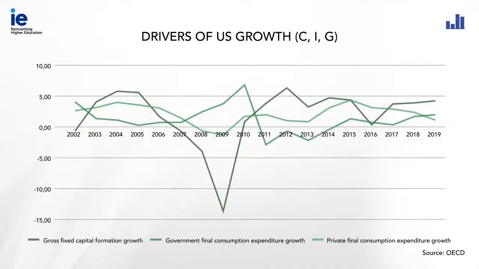Then you see the investment figure, which is gross fixed capital formation growth. And you can observe how volatile that one is. You can see that sometimes it goes up a lot and sometimes it has huge declines, as occurred in the recession. And finally, the third line is government consumption. So that's the G in our equation.